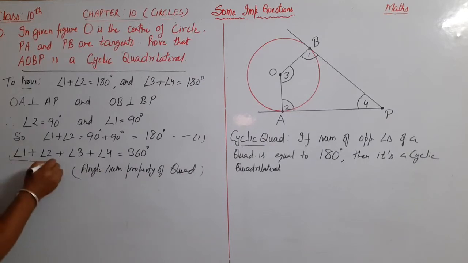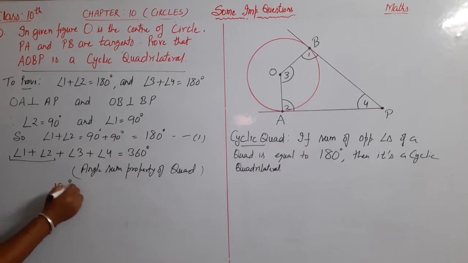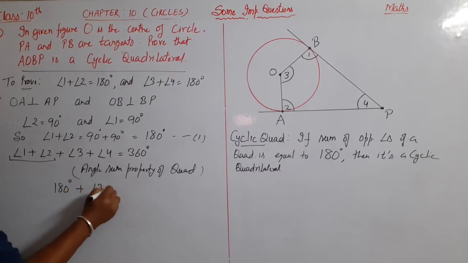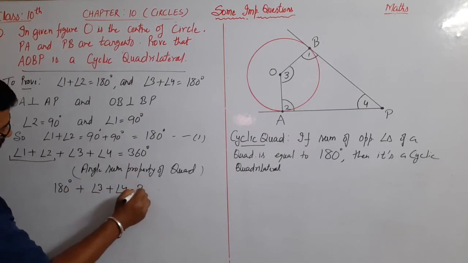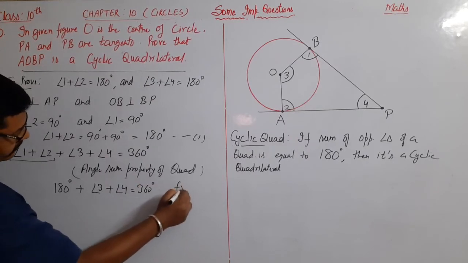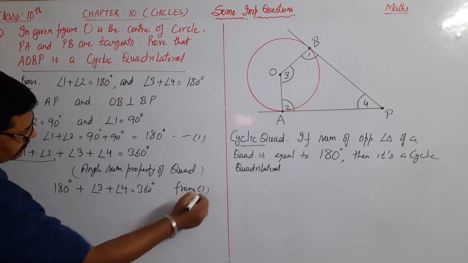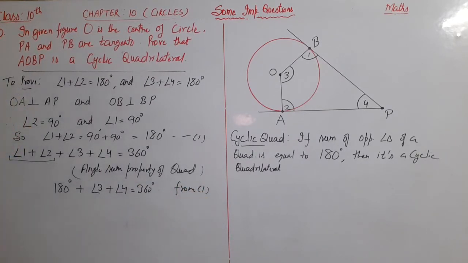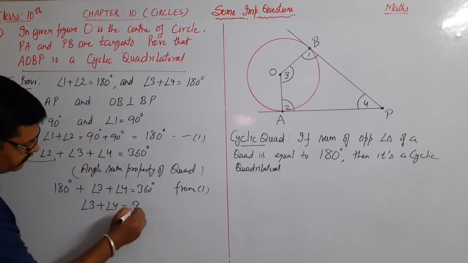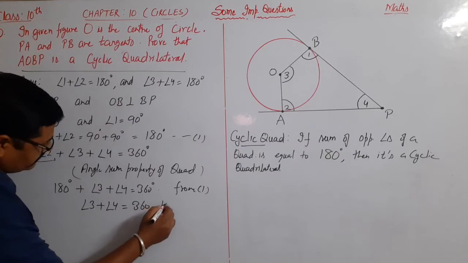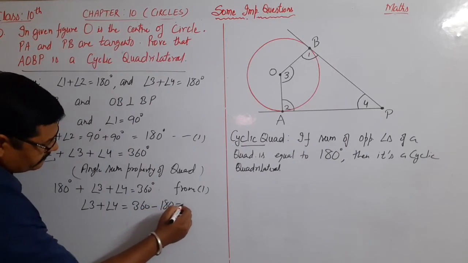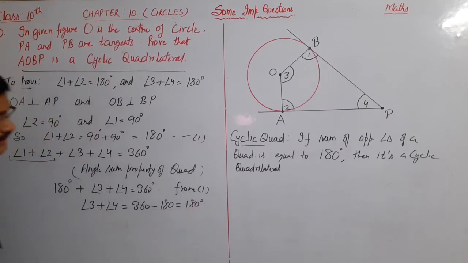Now angle 1 plus 2 is 180-degree. Why? From equation 1. So angle 3 plus angle 4 is equal to 360 minus 180 is equal to 180 degree.